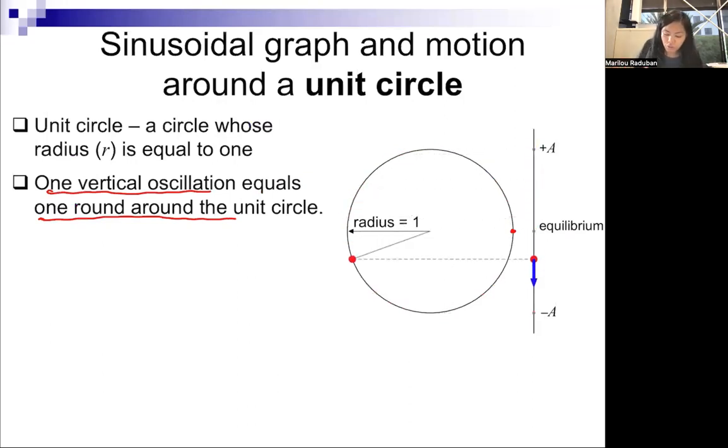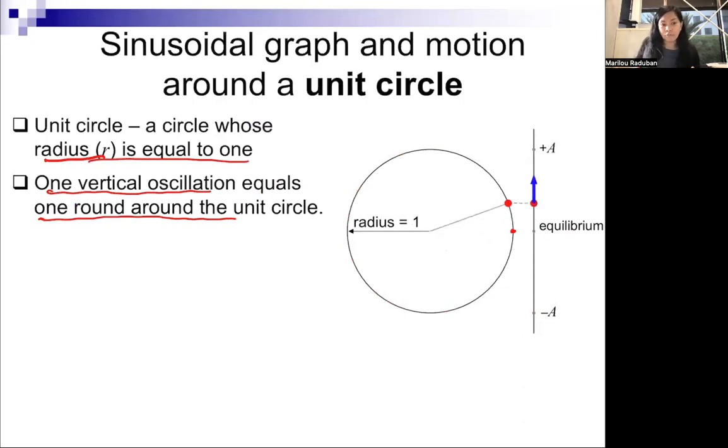So a unit circle is a circle whose radius is equal to 1. We set the radius equal to 1 just for simplicity, so we don't have to worry about how big the circle is.